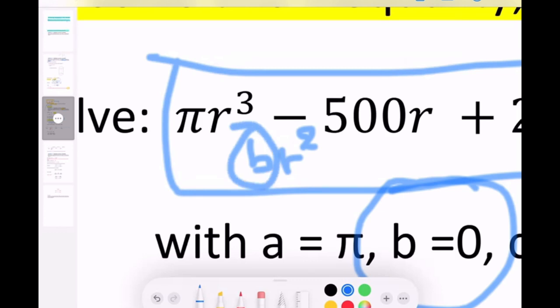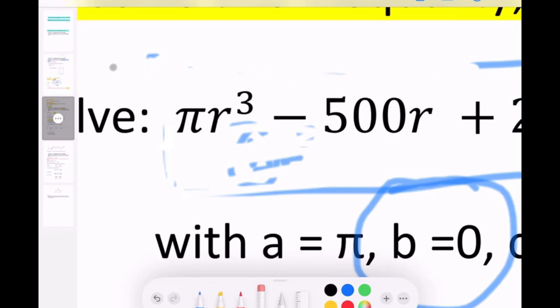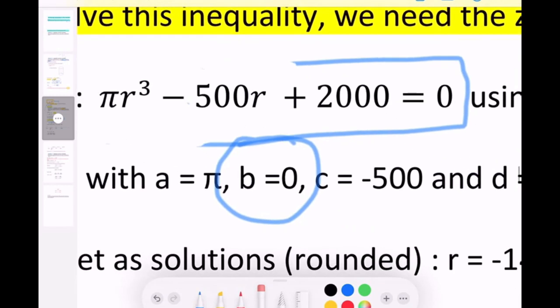After you enter it in your calculator, you can pause the video and try to do some work. You just enter A, B, C, and D to get the zeros. You get an approximation of the zeros anyway.